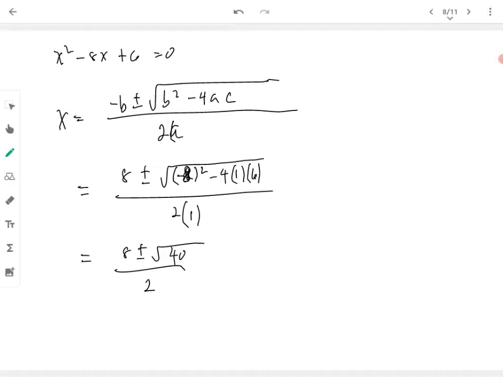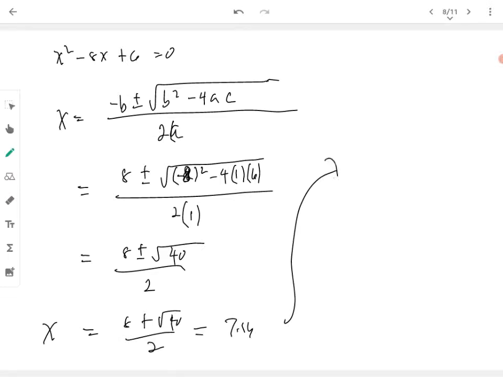This is the time that we split into x equals 8 plus square root of 40 all over 2. We can actually take the minus first. So you have 8 plus square root of 40 all over 2. This gives us 7.16.